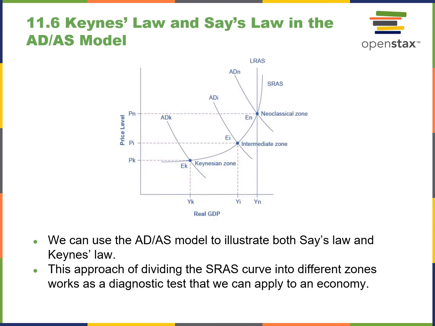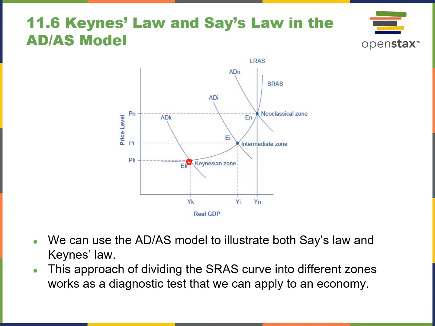So here we're going to apply Keynes' Law and Say's Law on the ADAS model. We can use the ADAS model to illustrate both Say's and Keynes' Law. This approach divides the SRAS curve into different zones, and it works as a diagnostic test that we can apply to the economy. So basically, it's here.